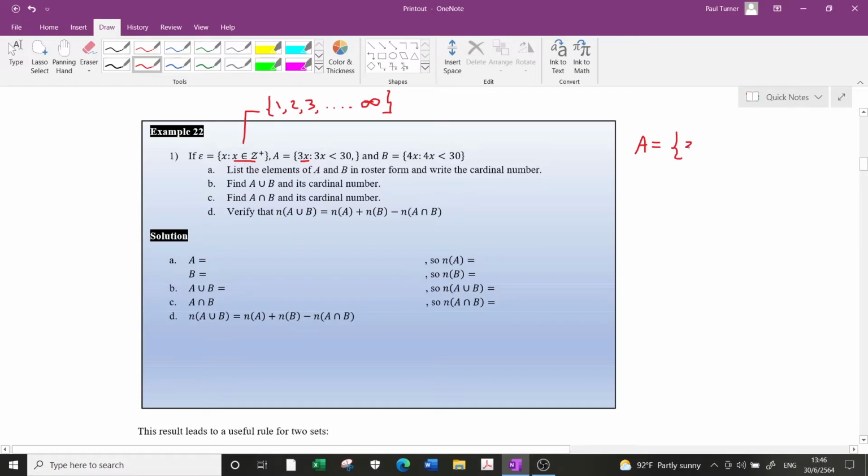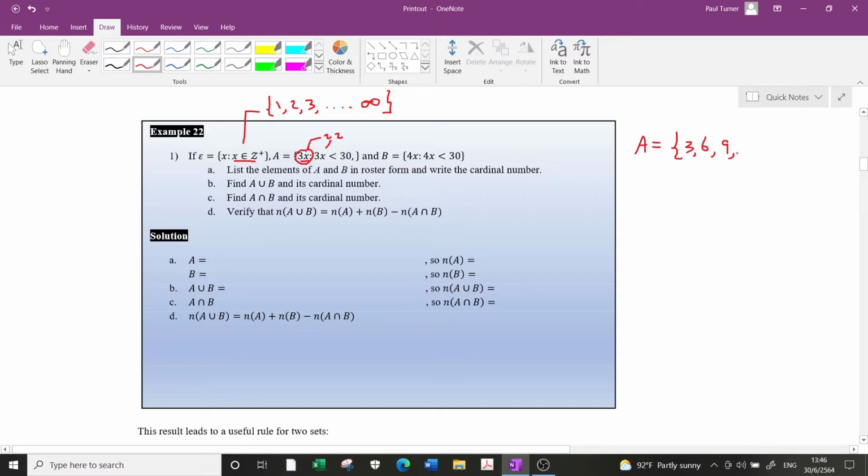So we write 3. If x is 2, 3 2s are 6, and 6 is less than 30, and we write the number 3 times 2. So 6. If x is 3, 3 3s are 9. So we're basically writing the multiples of 3.